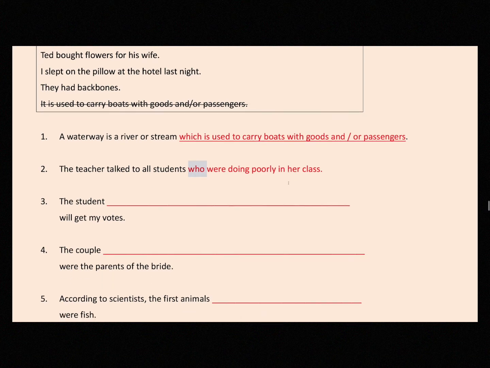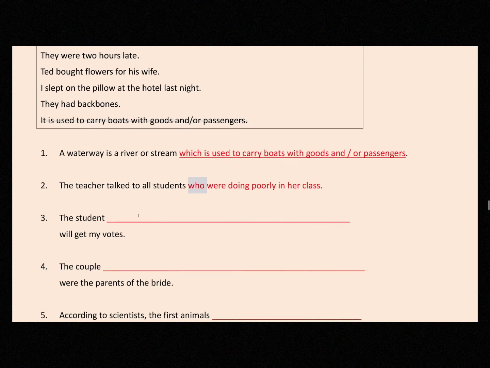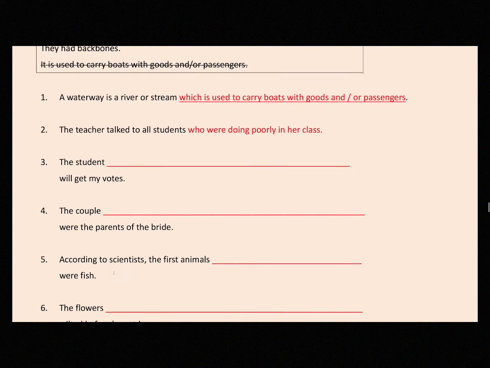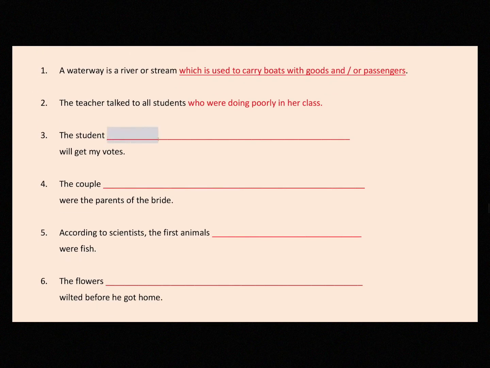Okay. Let's also look at number 3. The student, and then blah blah blah, will get my votes. Let's see who will get the vote. It's he performed very confidently in the interview. Now here we talk about the student, to refer to the student, and as we've done just now, we say the student because student is a person.